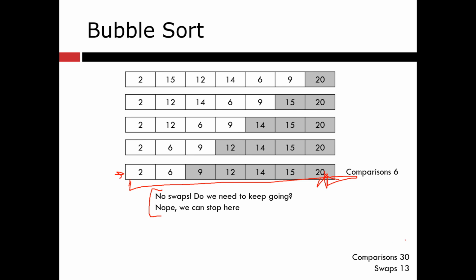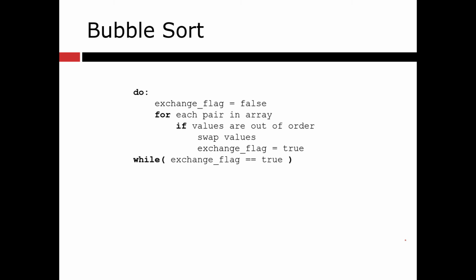All right, so let's look at the algorithm. The algorithm here is extremely straightforward. You're just going to keep looping until this exchange flag is not set true. And in your loop, you're going to set the flag to be false. And then for every single pair in the array, so that's like 0 and 1, 1 and 2, 2 and 3, right? i and i plus 1.